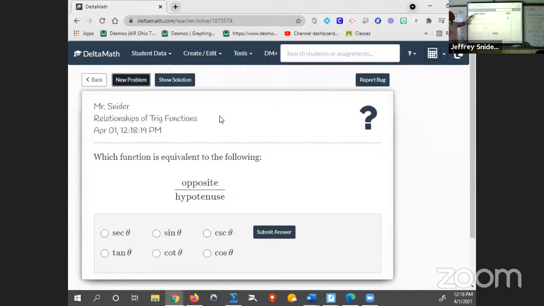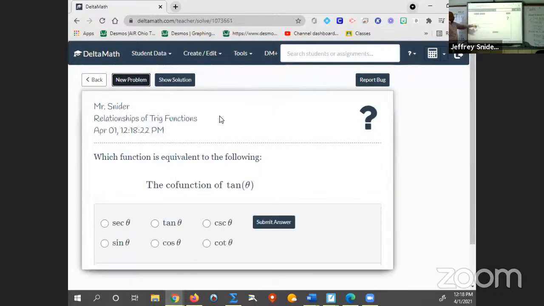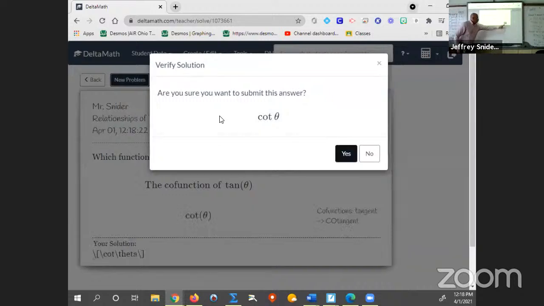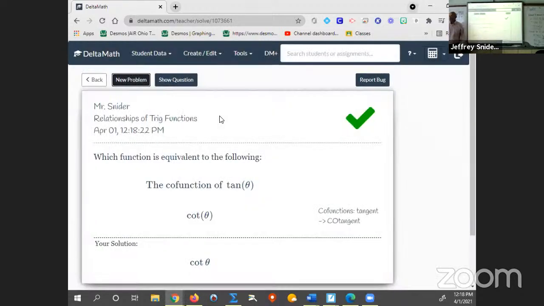New problem. That's the same kind of thing. Okay. What about this one? It's a multiple choice. You can always guess. Sine and cosine. Cosecant and secant. Let's just see. It kind of sounds like they should be that. They do have co. The word co is in front of them. Wow. Okay.